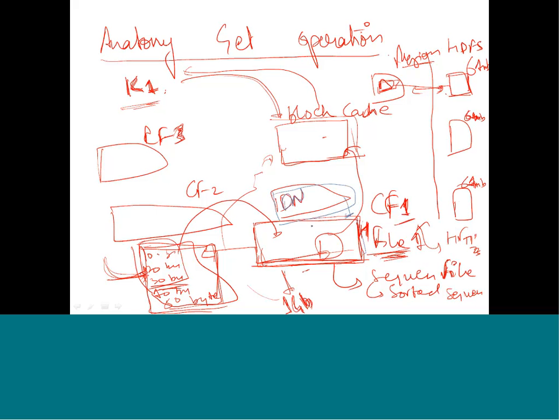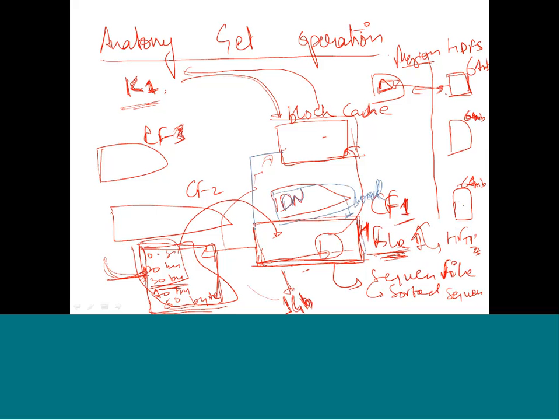Whenever you're saying HDFS, that means you're talking about a data node, right? So if it is not local, it's a network round trip. That can affect your get speed, correct?